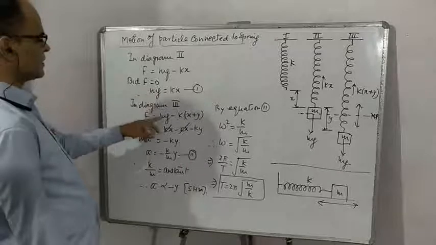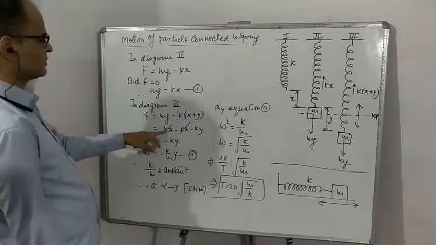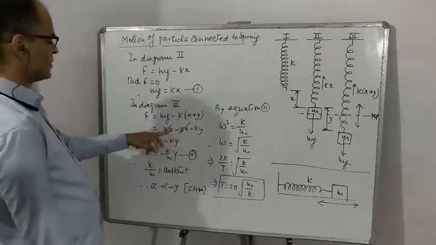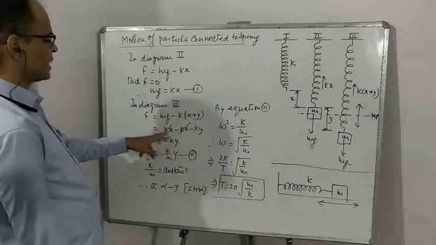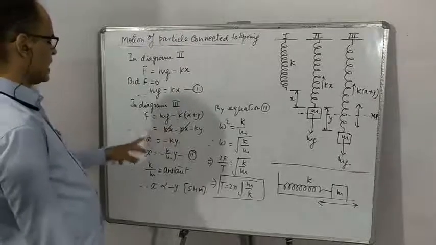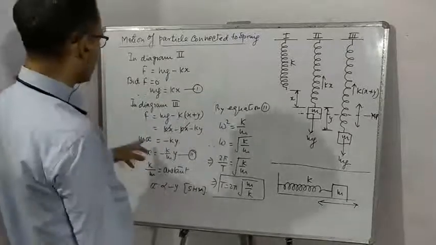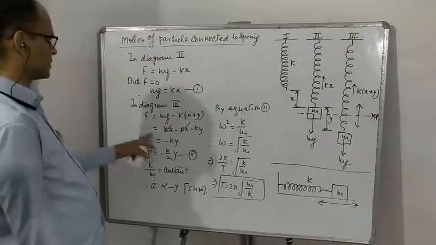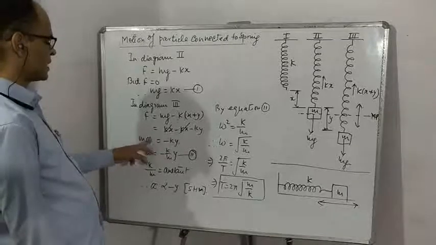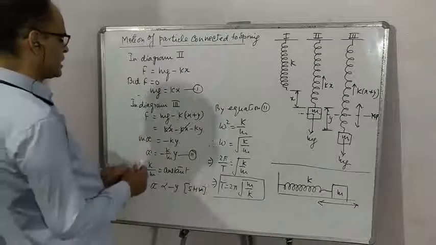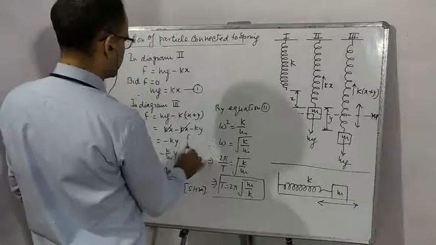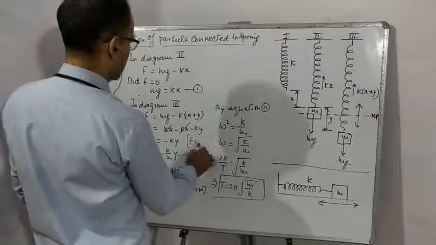So put the value of mg here, kx. After solving, you get F is equal to minus ky, and if the acceleration of the particle is alpha, then you can write F is equal to m alpha.